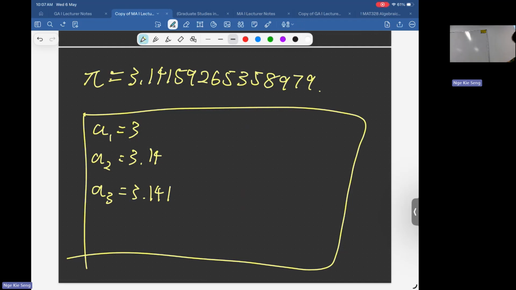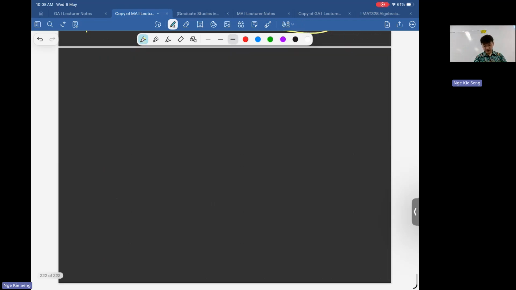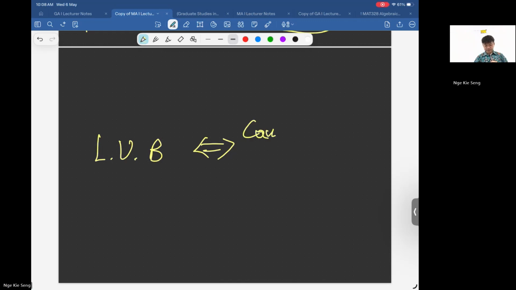So maybe one equivalence you can see here is that the least upper bound axiom is true if and only if it's equivalent to completion, meaning we add in the limit of Cauchy sequences, plus the Archimedean property.